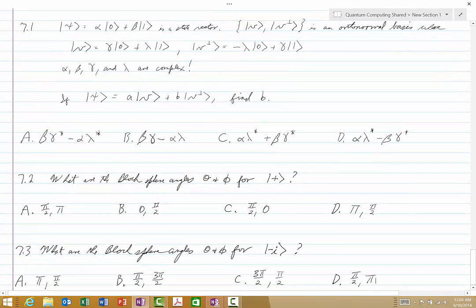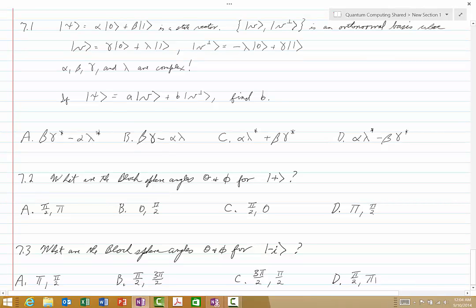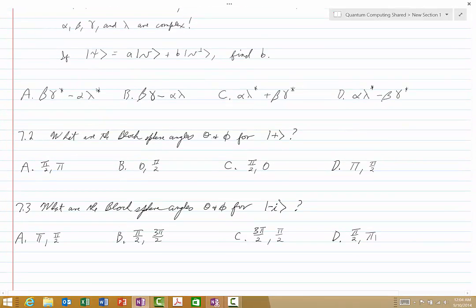Now the remaining two problems deal with the Bloch sphere concept. And again, even though I'm not requesting you to turn it in, I hope very much you will try to prove that two antipodal points on the Bloch sphere represent orthogonal states. But for the problems here, the questions are as follows.